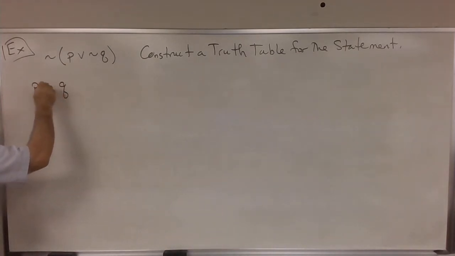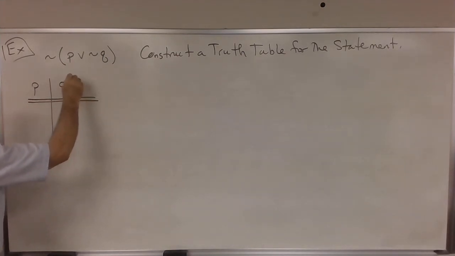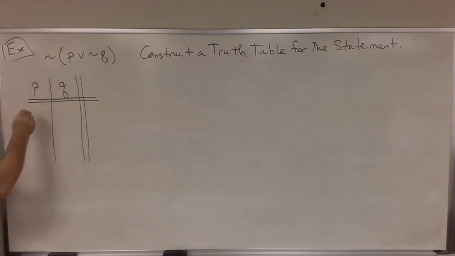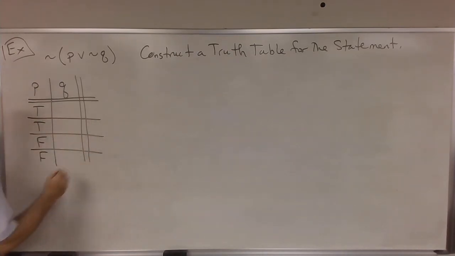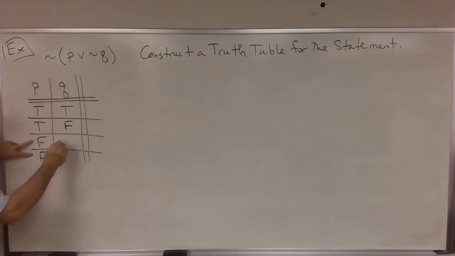We have a P column and a Q column. And we go true, true, false, false. And if P is true, Q can either be true or false. If P is false, Q can either be true or false.